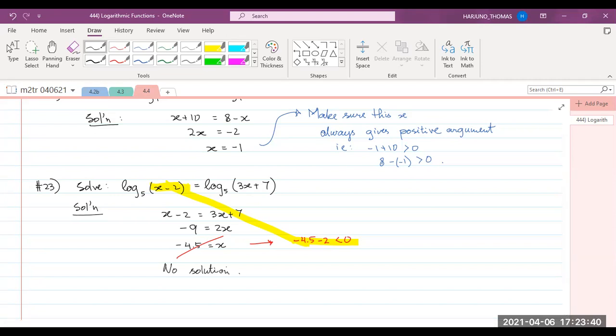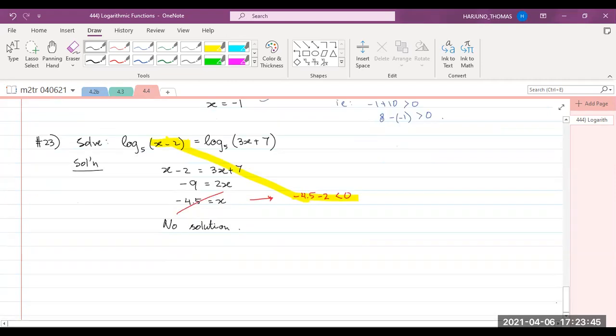Now for the rest of this solving part, it's basically the same. Okay, number 25, for example, let's solve log x squared equals log of -3x minus 2.